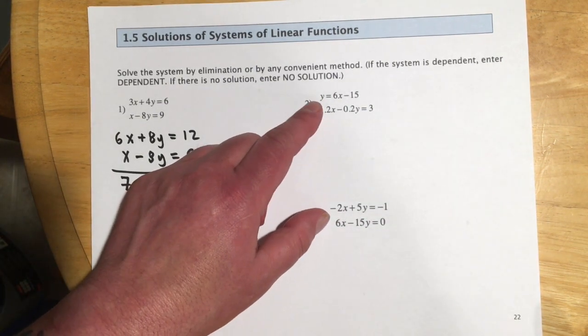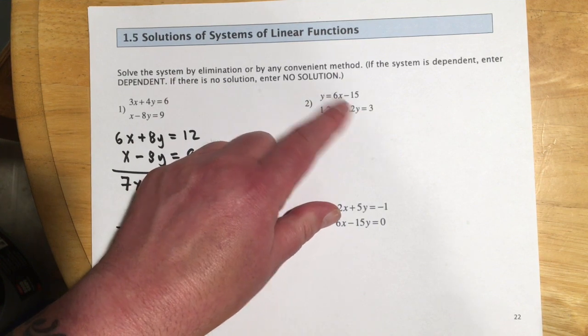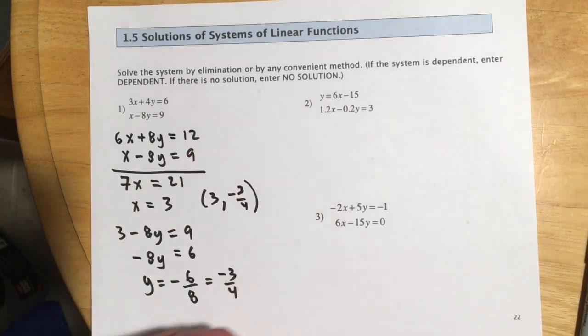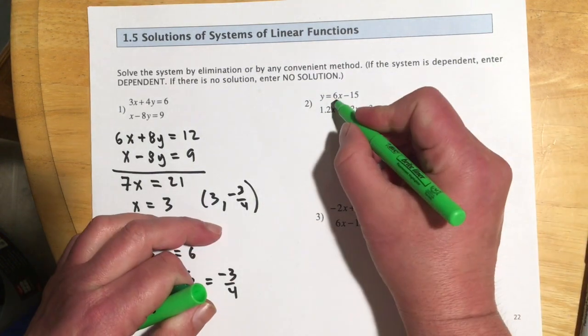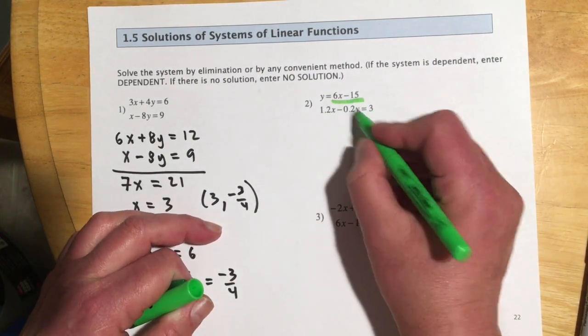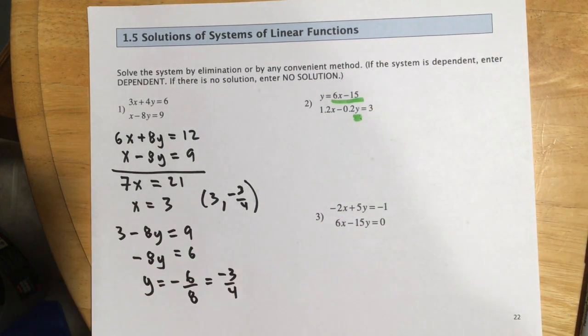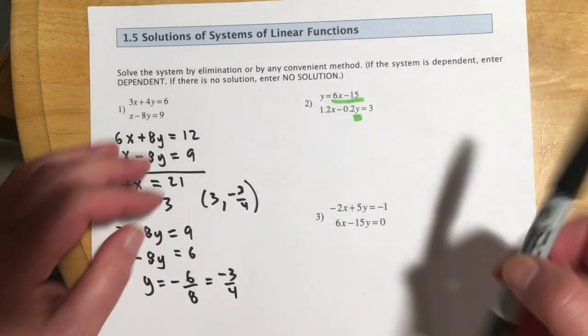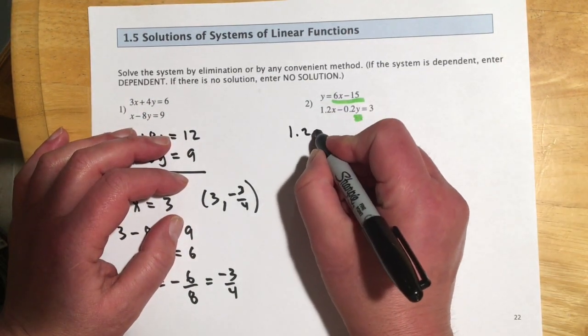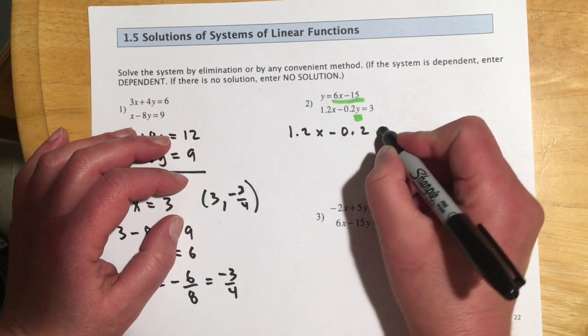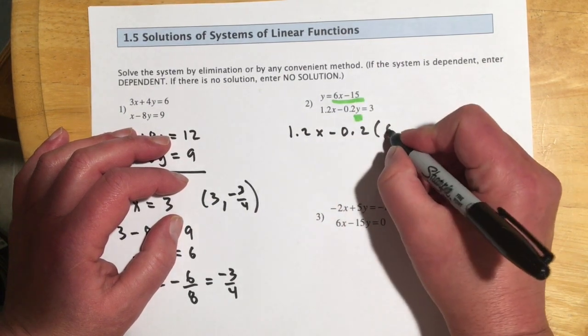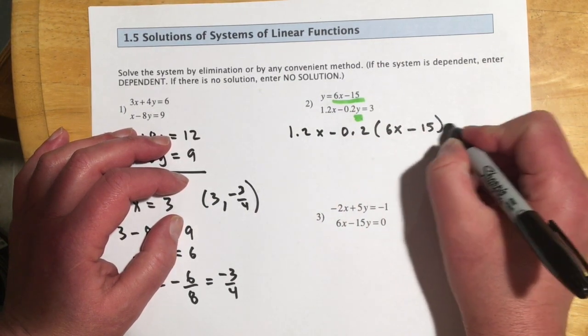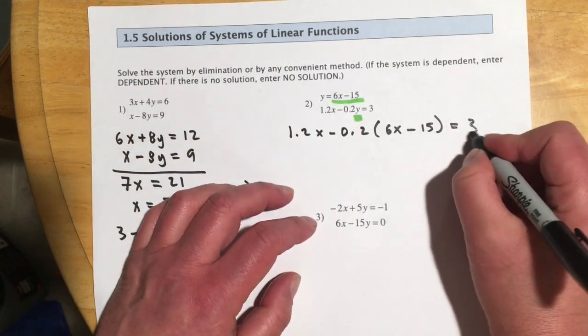For number 2, that one's already solved for y, so that kind of makes me want to do a substitution. So what I'm going to do is take this piece right here and put it in for that y right there. So that'll look like 1.2x minus 0.2 times that stuff equals 3.